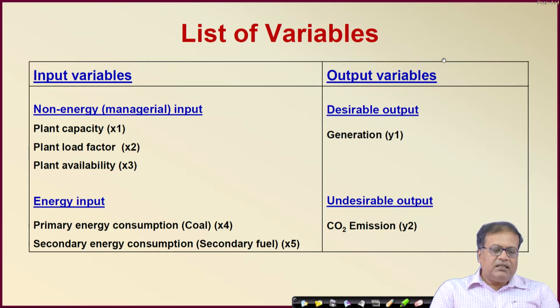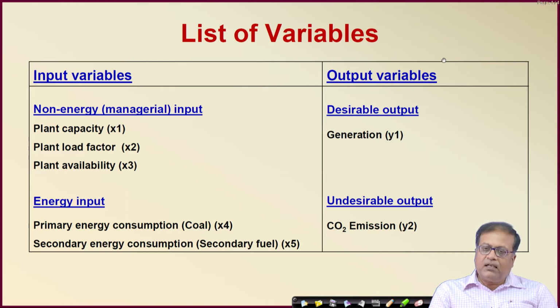Plant capacity, plant load factor and plant availability, 3 inputs, are taken from the managerial category, and 2 inputs are taken from the energy side: primary energy consumption, that is coal, and secondary energy consumption, that is secondary fuel, because even in a coal plant, apart from coal, you also require fuels in the form of maybe diesel. Then the output variables are the desired output, the generation of power, how much power is generated, and the undesirable output, CO2 emission.